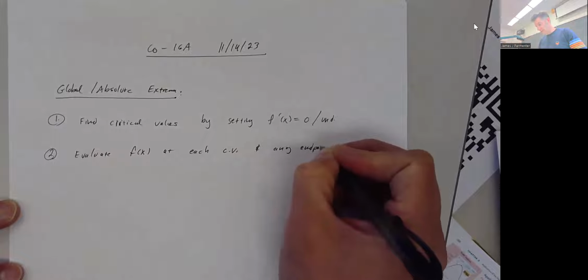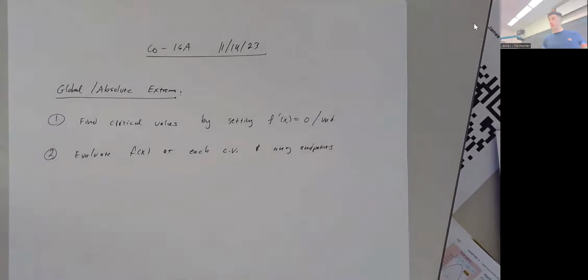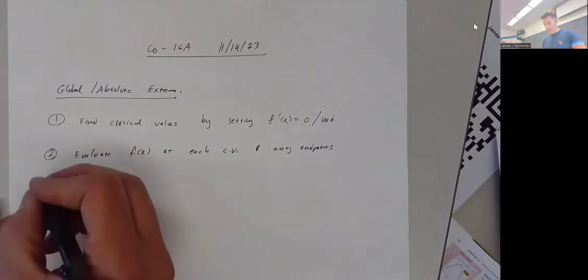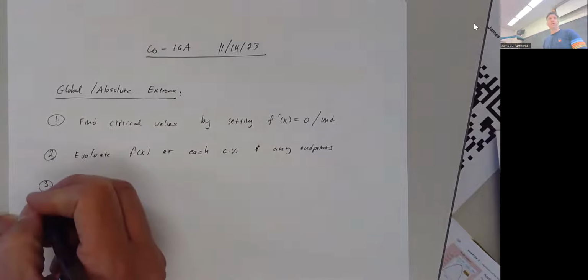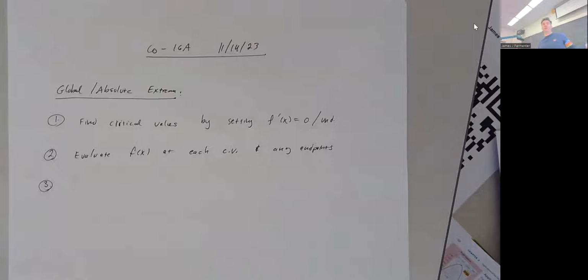Because typically, when you're deciding if you have an absolute maximum or an absolute minimum, it's usually on a closed interval. It technically doesn't have to be, but the extreme value theorem does necessitate that. And then finally, the last part: the biggest one is the max, the smallest one is the min.